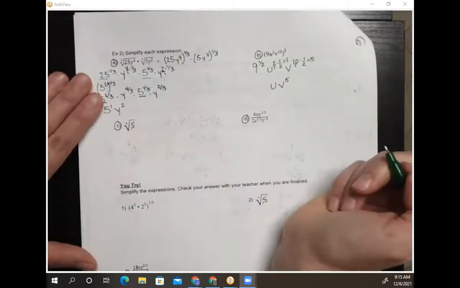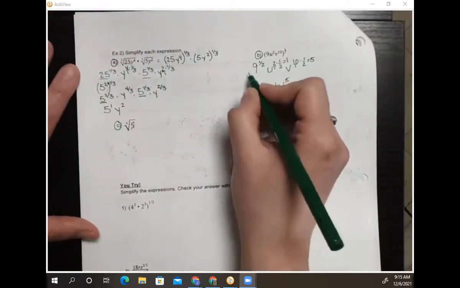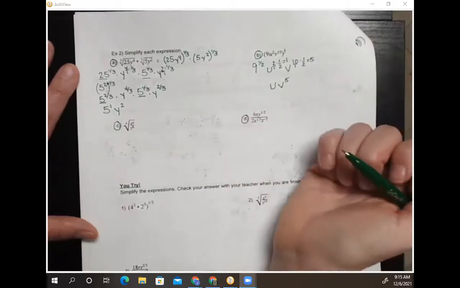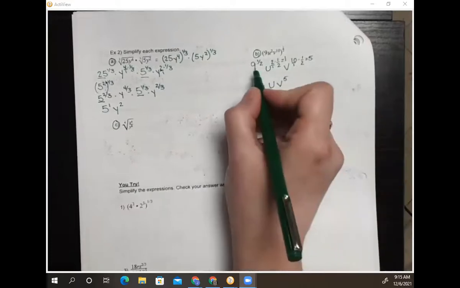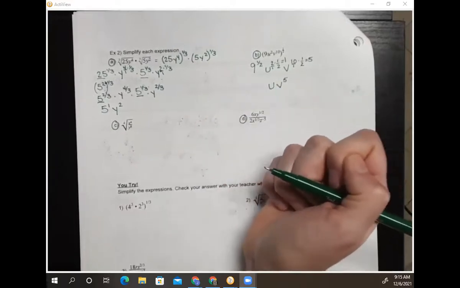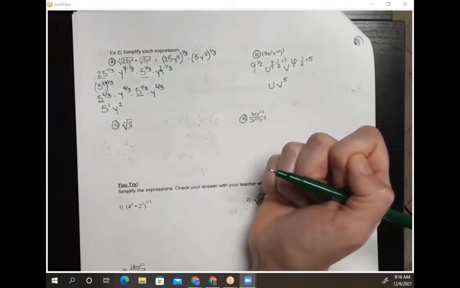And then that 9 to the 1/2 power is the tricky part. Anytime, like we talked about here, anytime you have a number to an exponent, see if you can reasonably simplify that. Now, I personally am not great at looking at a number with an exponent and being able to simplify that. I have an easier time if I rewrite it in that root form.